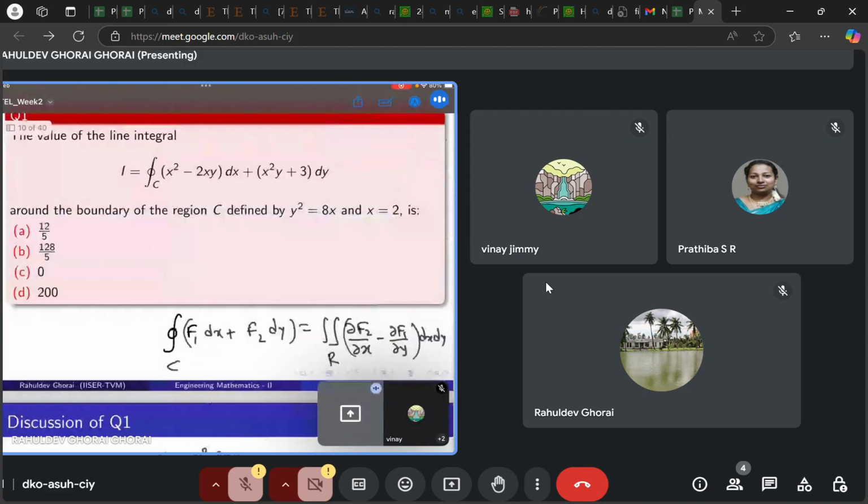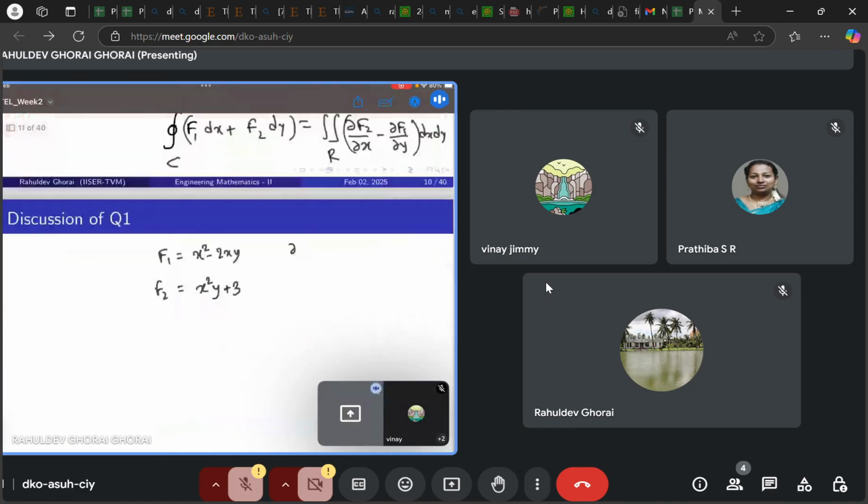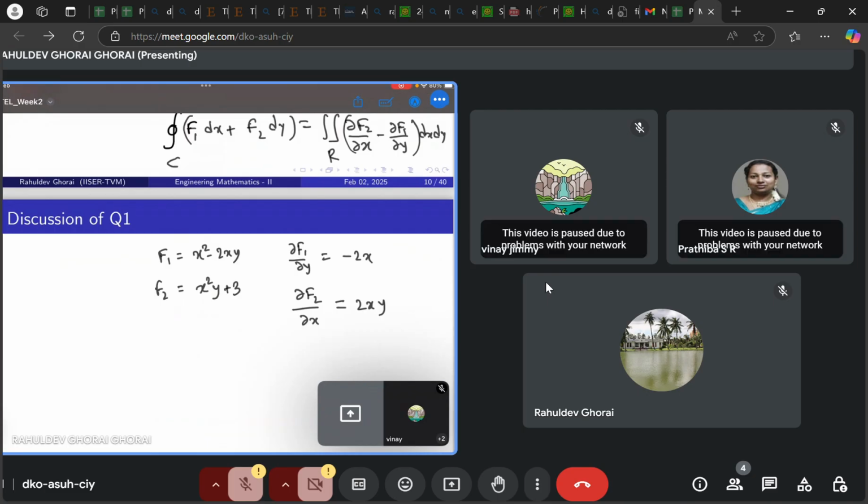See, this is f1, this is f2. Then del f1 del y will be minus 2x, and del f2 del x will be 2xy.